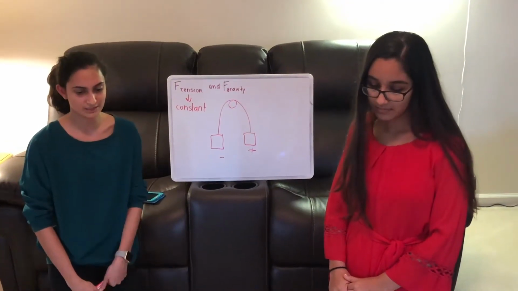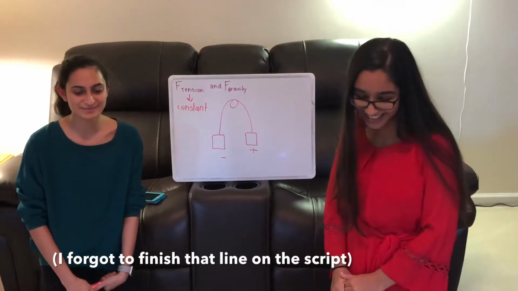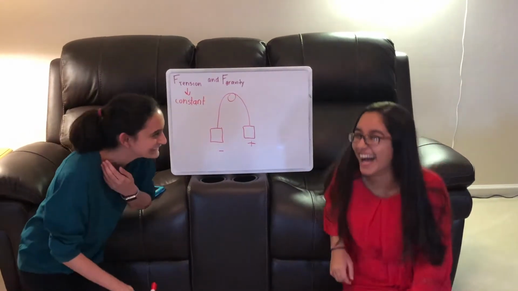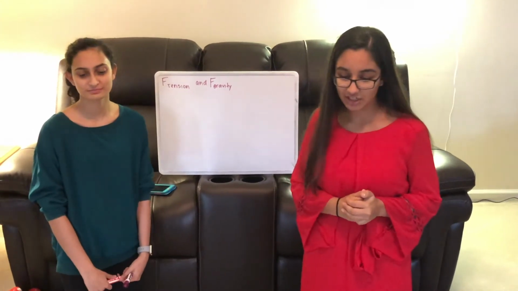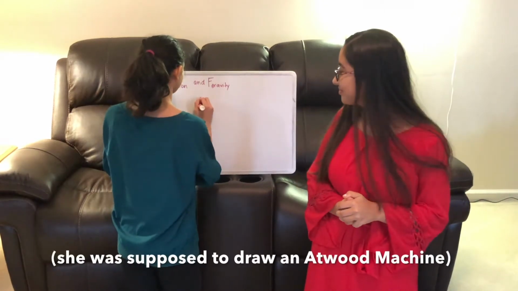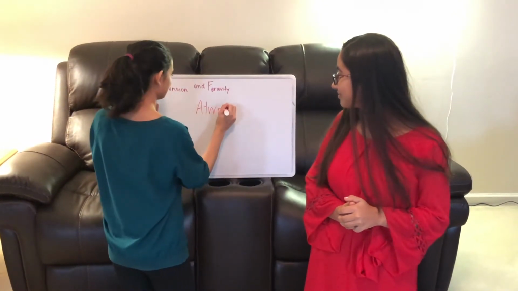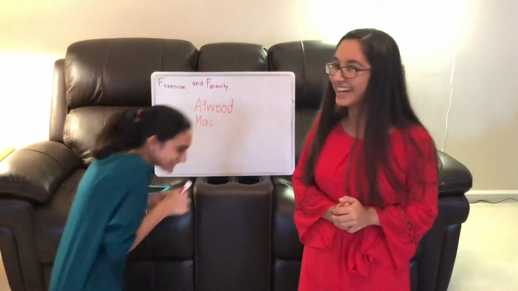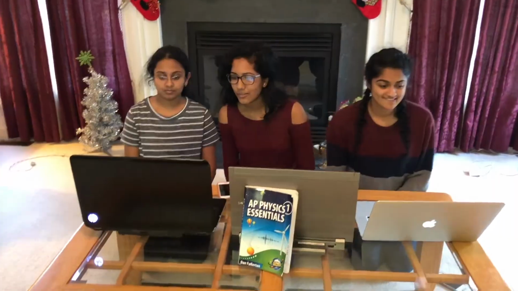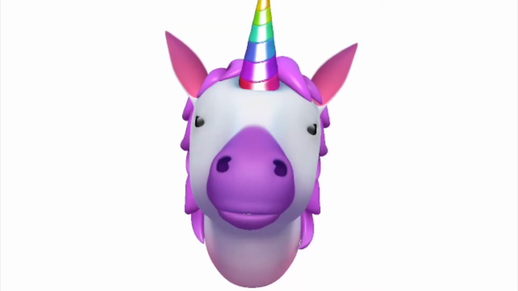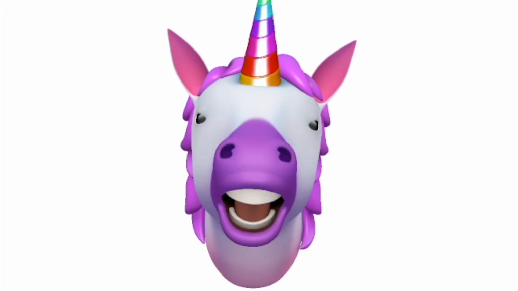You know you made a mistake. Then you determine if what. Of dynamics and acceleration called an Atwood machine. I thought you were gonna draw it. To sum the net force on the elevator?